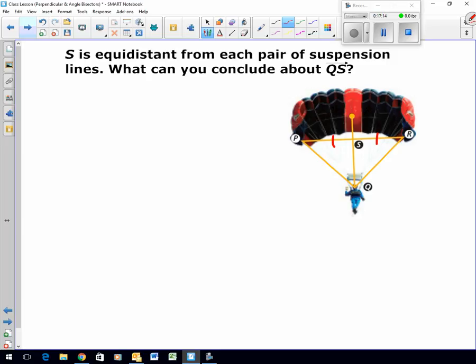This part right here would do what to this angle? Split it in half. When something splits an angle in half, what do we call it? It serves as the angle bisector. Very good. So it would be the angle bisector.